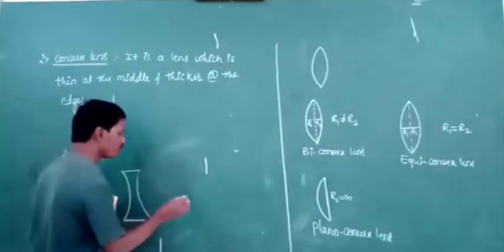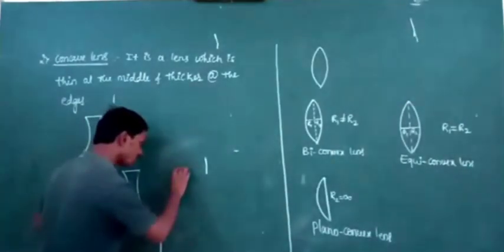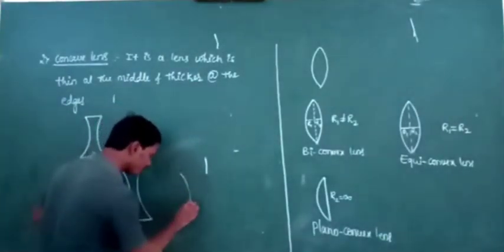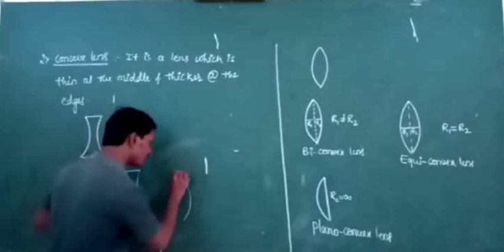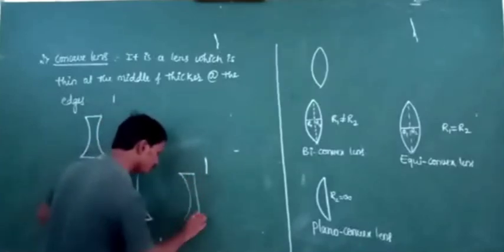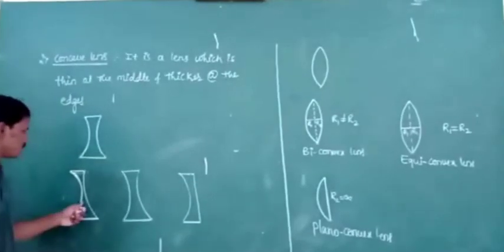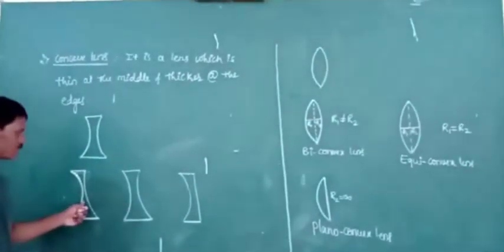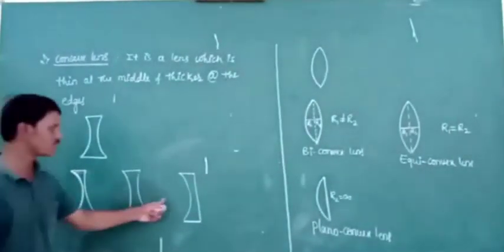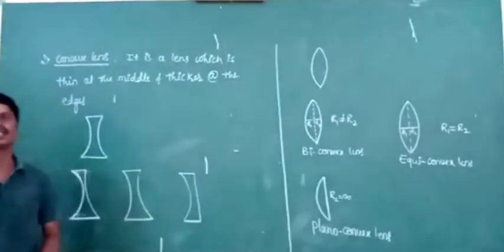Then what is planoconcave lens? It is a concave lens whose one surface is spherical and another surface is plane. It is called plano-concave lens. Okay, remember this. It is a biconcave lens, it is an equiconcave lens, and it is a plano-concave lens.